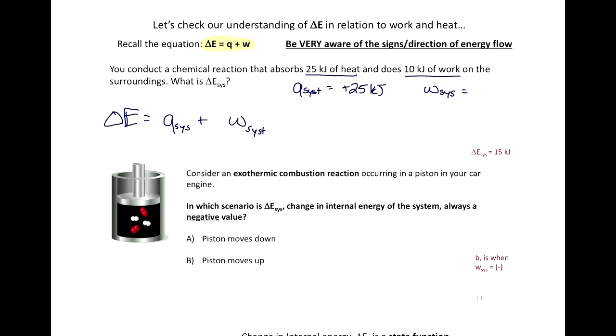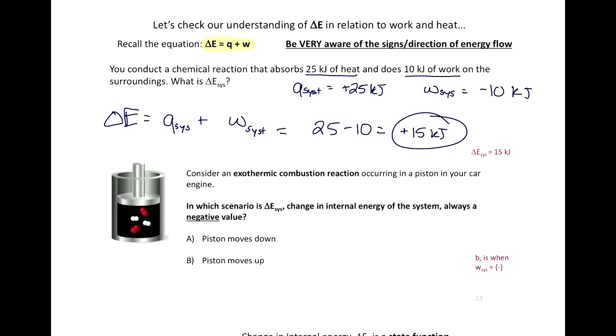So is work 10 or negative 10? It is negative 10, yes, because it is putting work out there. So now these are the two numbers we add together: 25 minus 10. The answer is 15 kilojoules of internal energy change. But you know, 50% of students will just do 25 plus 10 and call it a day. But we have to do reading comprehension.